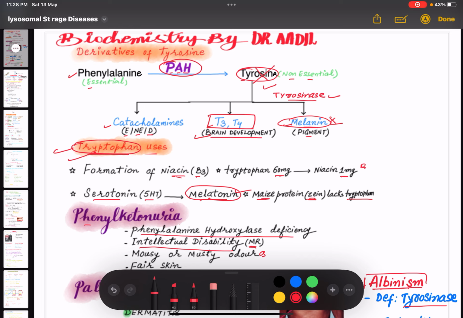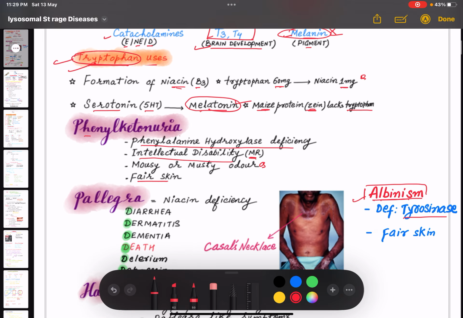If tyrosinase is not there, melanin is not formed. Therefore, the patient will have fair skin. And the patients of albinism are known as albinos. They are totally white. Their hair is white, eyebrows, eyelashes, everything is white.